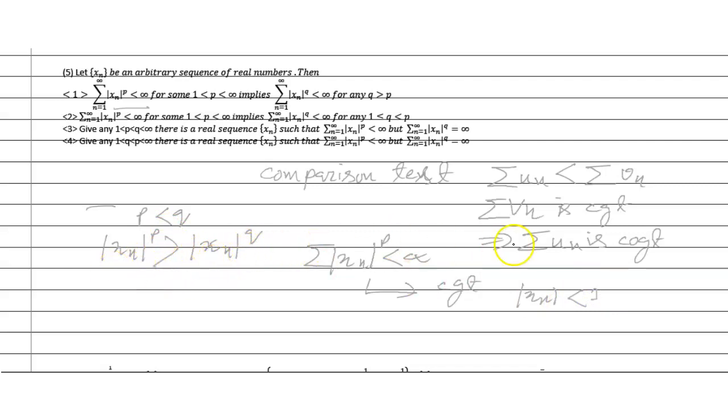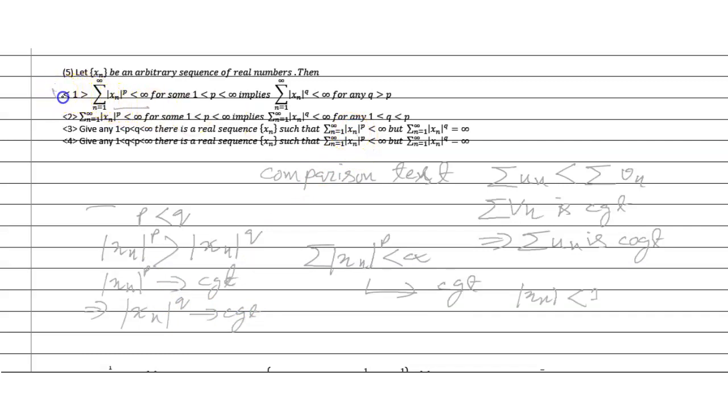So according to these equations, mod of x_n is convergent, that implies the summation of mod of x_n to the power p is convergent. So this equation is correct.